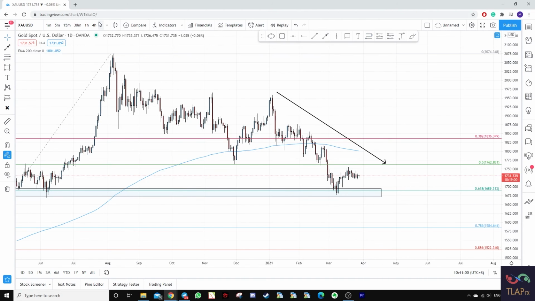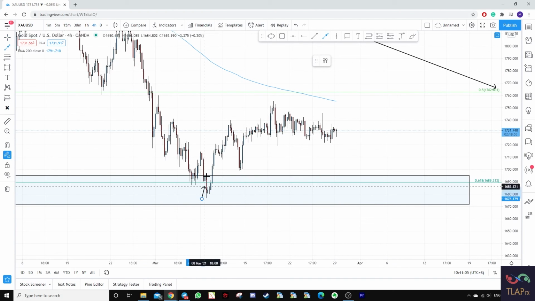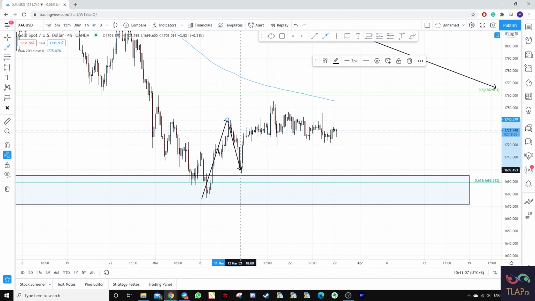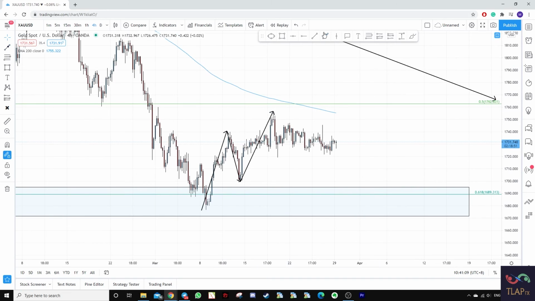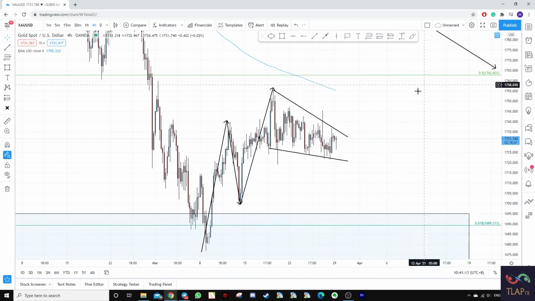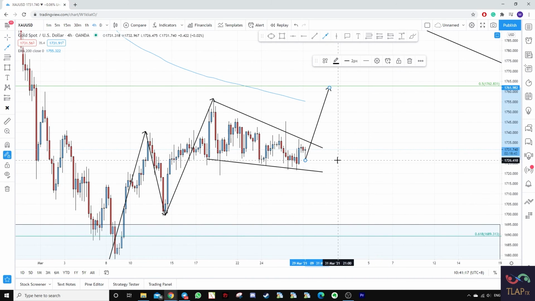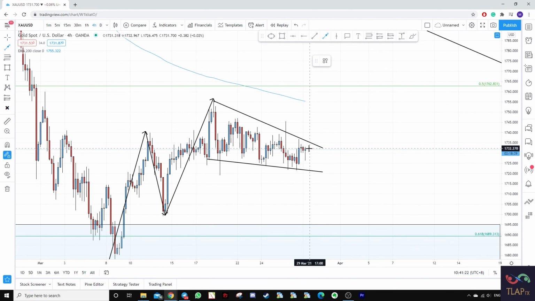So dropping down to the 4-hour time frame, you can see that we have created a higher swing low and a higher swing high. And prices are actually moving sideways now, creating this pattern over here. So what you can expect is a move up from here. Otherwise, we can wait for another downside move towards this level, clearing these lows over here.